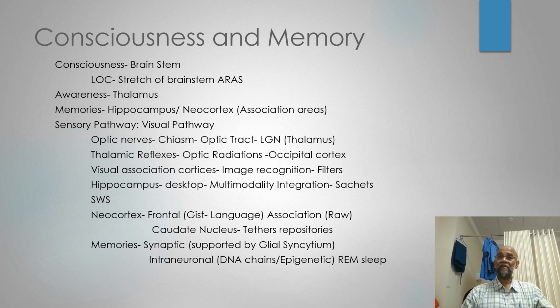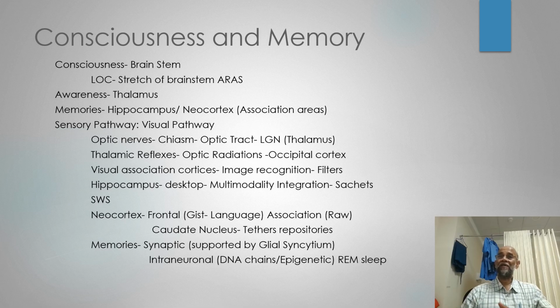Memories in the hippocampus are synaptic, and as they move on to the neocortex for archival, you have intraneuronal information repositories. The exact mechanism of memory storage inside a neuron, postsynaptic, is not well known. However, possibly DNA chains and epigenetic strands record the information.